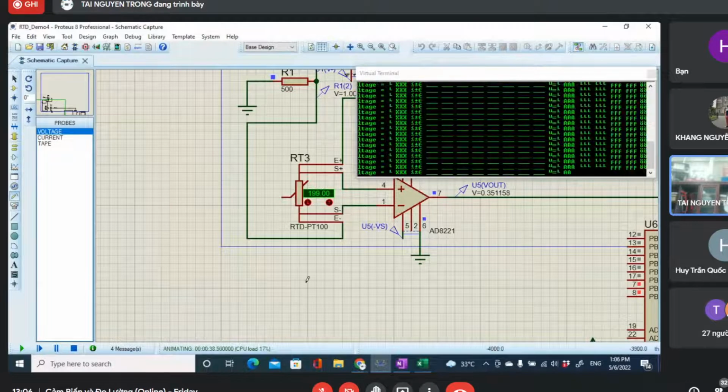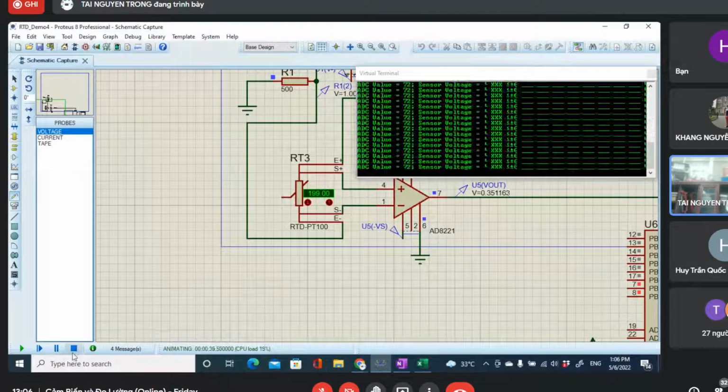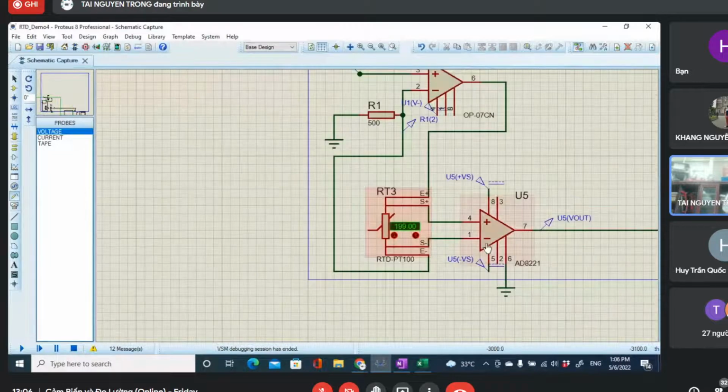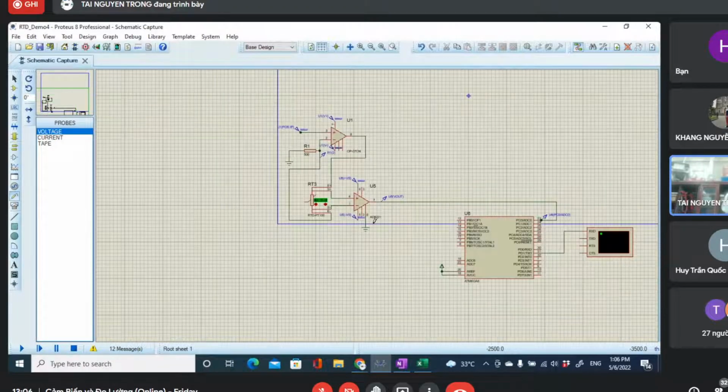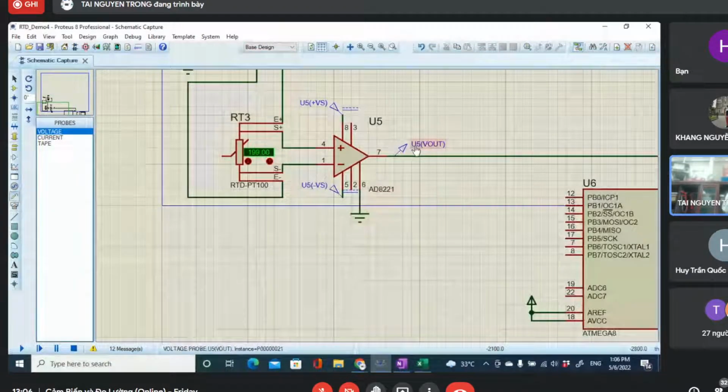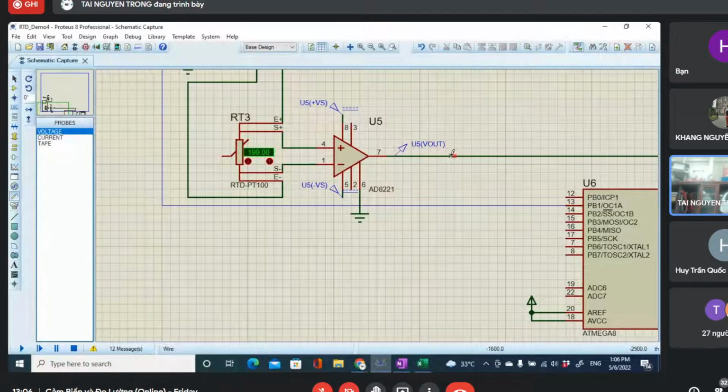Okay, that is the first method. In this case, if we take amplify, it means that we not only read the value, but also we have to amplify so that we increase the sensitivity to the temperature.